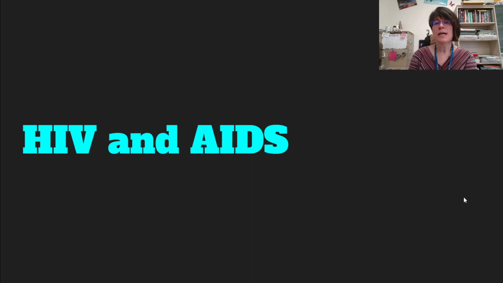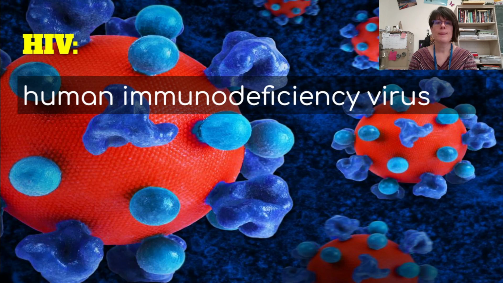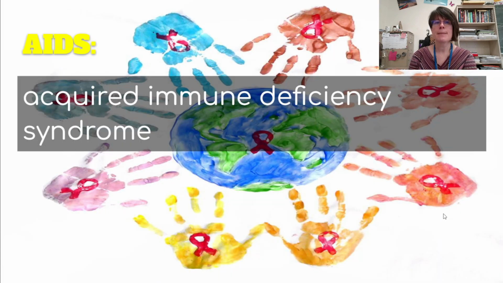Okay. Important topic, HIV and AIDS. HIV is the human immunodeficiency virus, and I have a picture of it represented in the background. AIDS is a result of the virus. It's acquired immune deficiency syndrome.